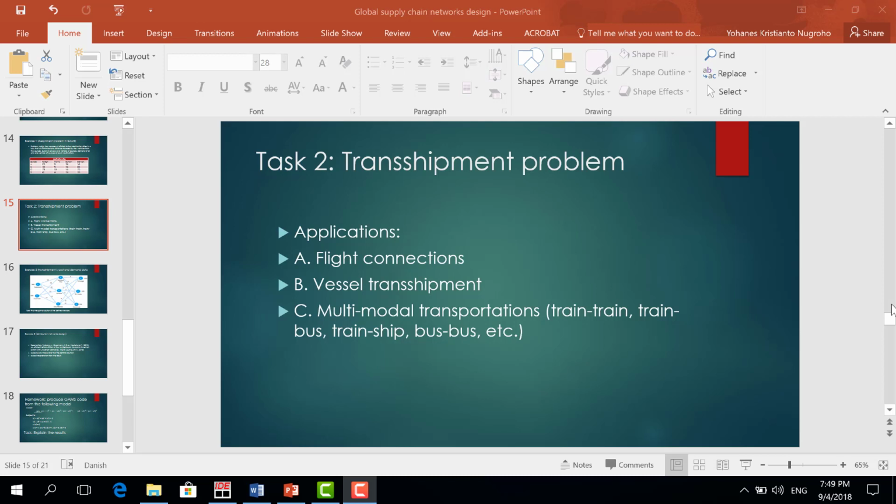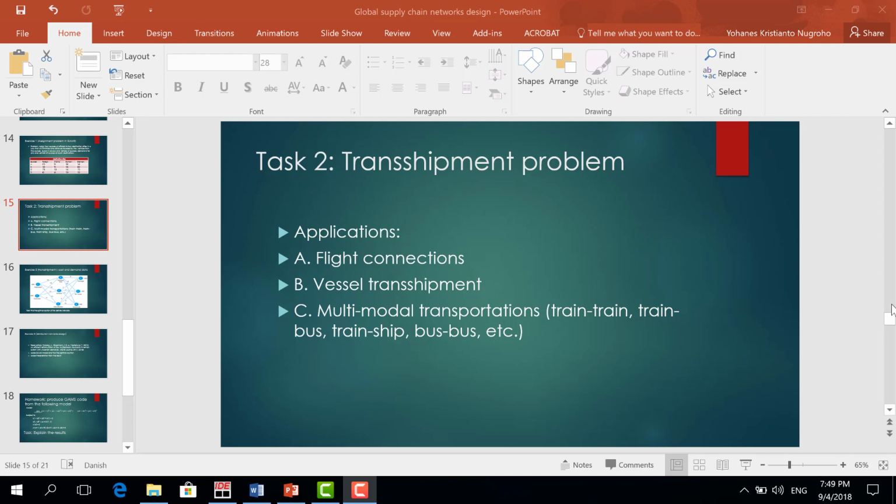Today we will have an example, but not as complicated as we have mentioned just now. It is a simple training for you to be able to understand how to deal with transshipment problem, how to make a model of transshipment problem and to code it in GAMS.